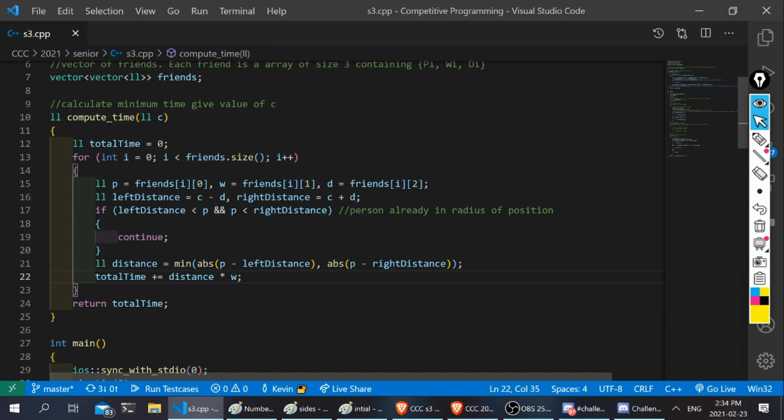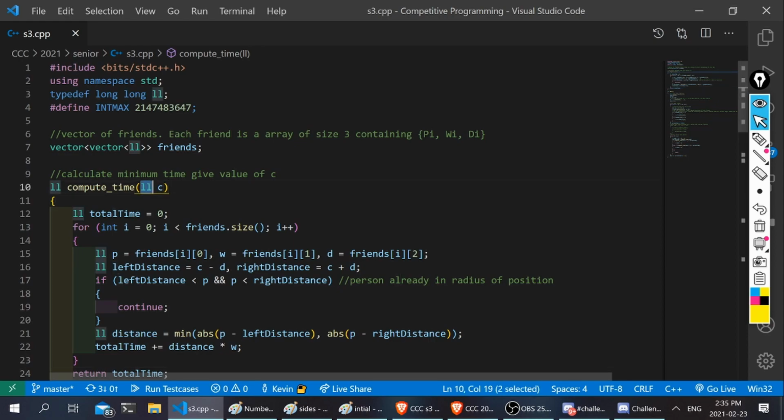We do the same for the right distance and the left distance, and then take the minimum. So we add that distance we need to travel, multiplied by our weight, because we travel 1 meter, so 1 unit of distance, per w seconds. And then we return our total time.